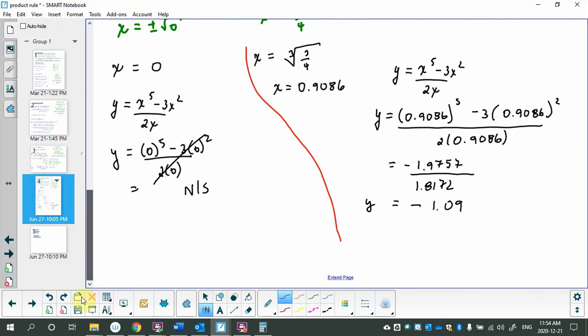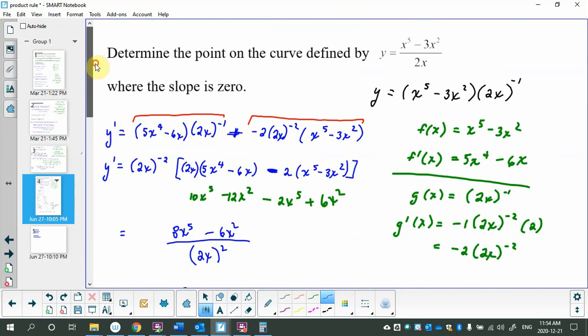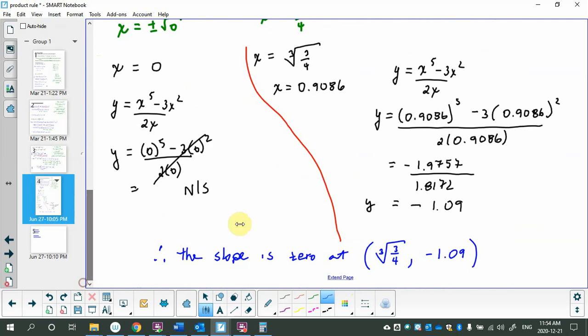So the slope is 0 at the cube root of 3 over 4, or 0.9086, comma, negative 1.09. So if you graphed this rational function and found out where the slope was 0, the point that would be happening would be a terrible number, but it still happens.